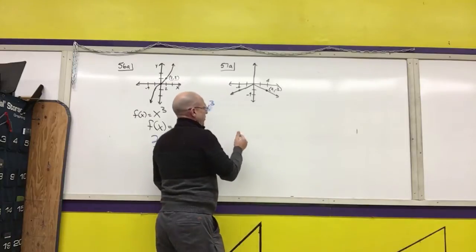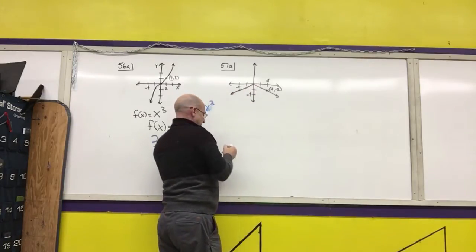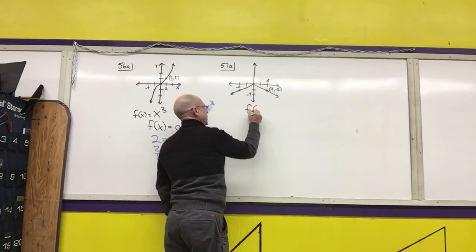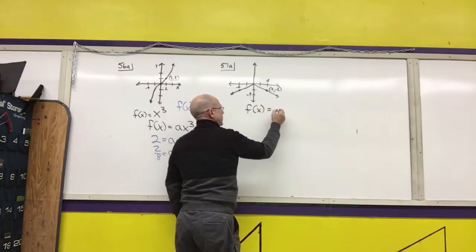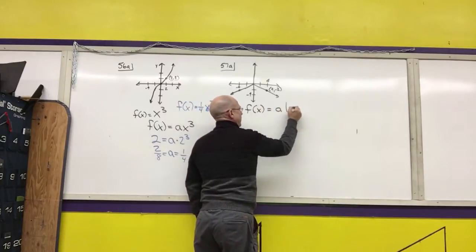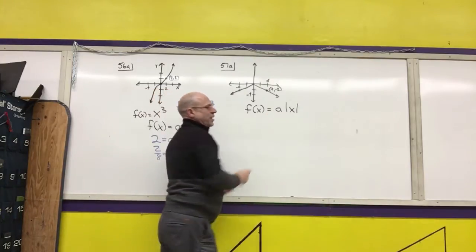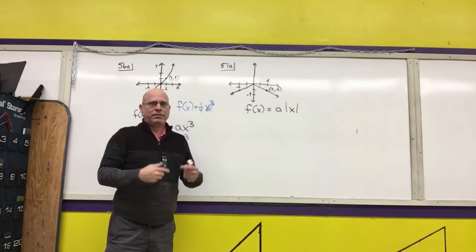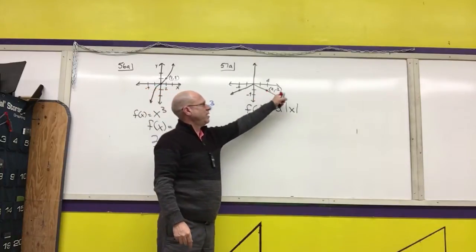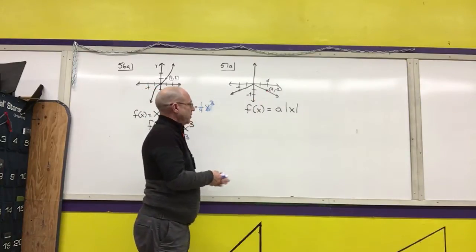So I'm going to write f of x equals a absolute value of x. Notice I did not put a negative a in here because it's automatically going to be determined when I stick my values in for the function.